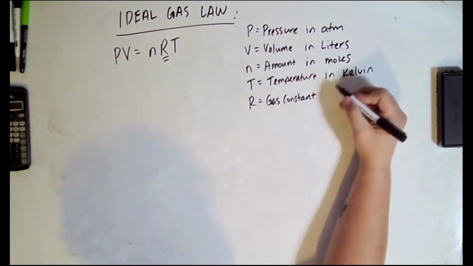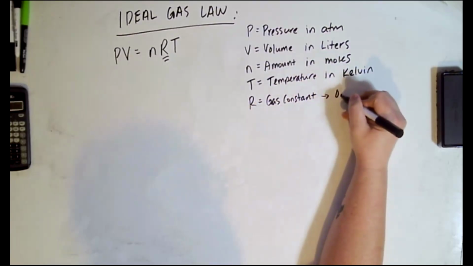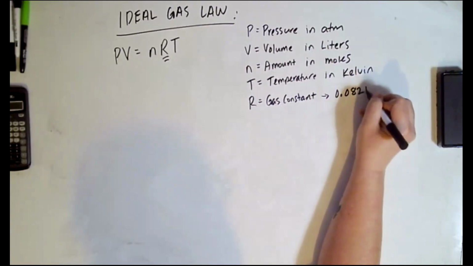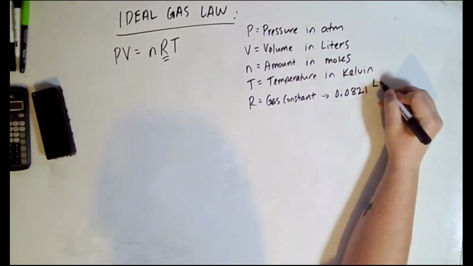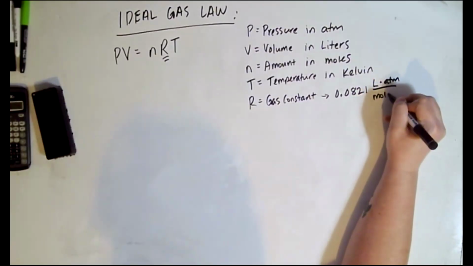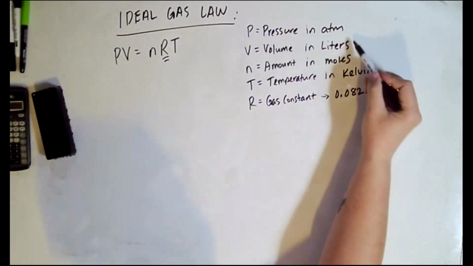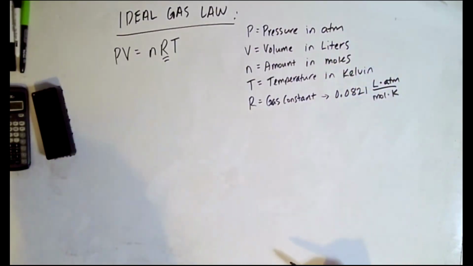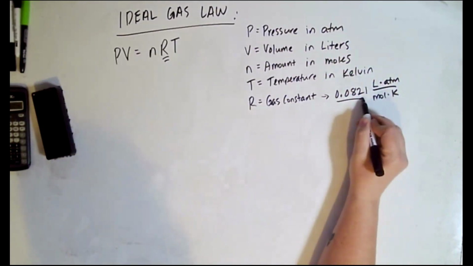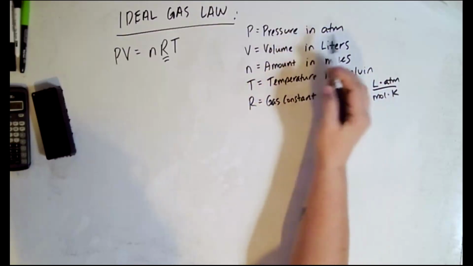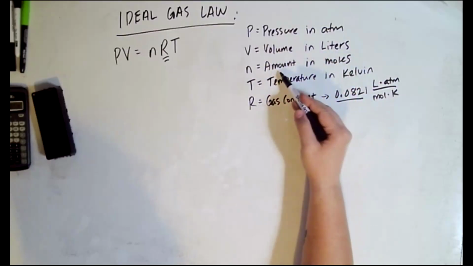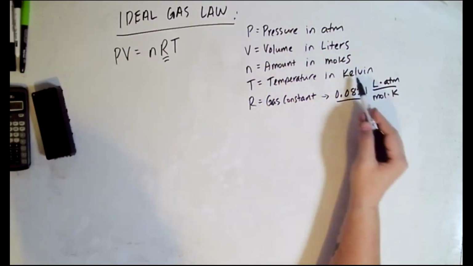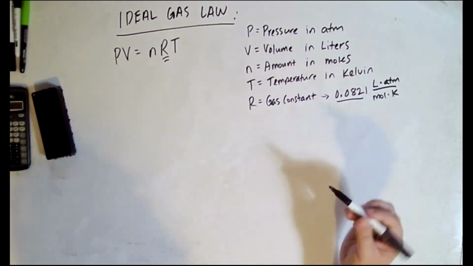We're going to use the gas constant 0.0821, and watch the units of this gas constant: liters times atmosphere over moles times Kelvin. So they're all the same units that we've just listed out here. So we use this number and we make sure that our pressure is always in atmosphere, our volume is always in liters, our amount of gas is always in moles, and our temperature is always in Kelvin. Okay.